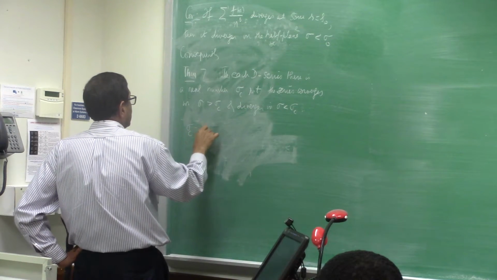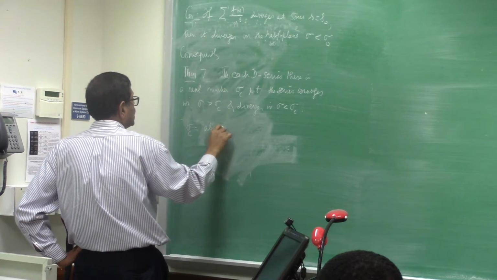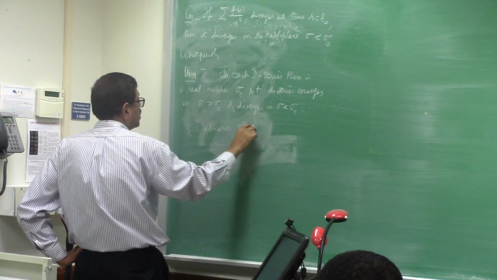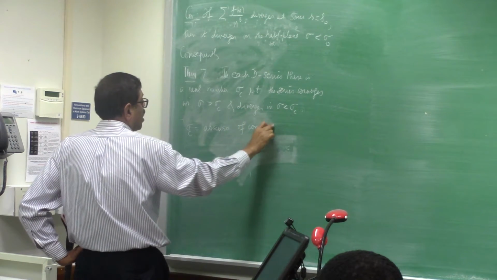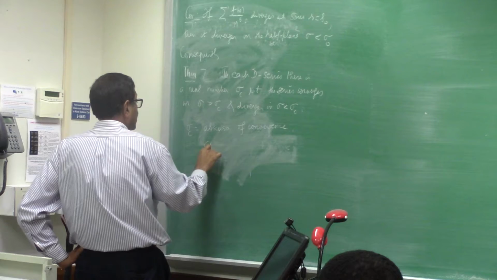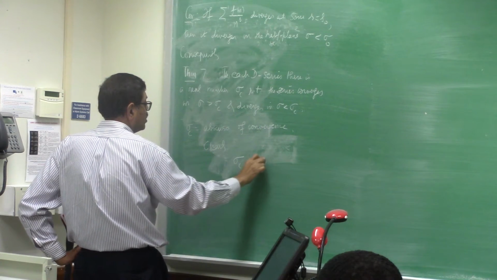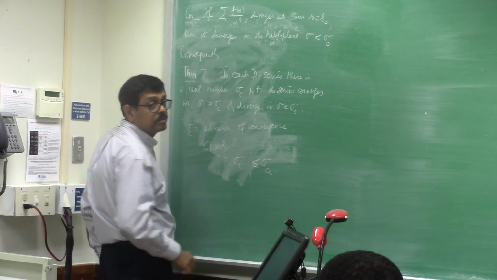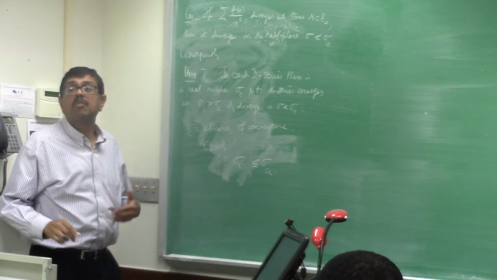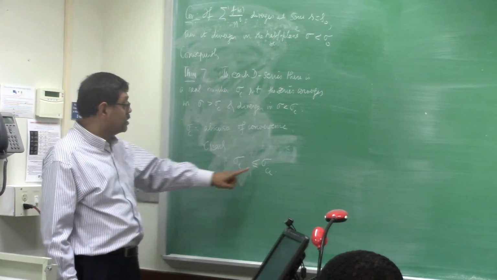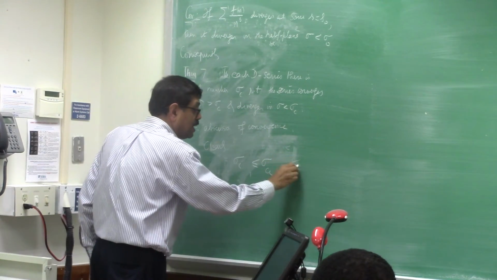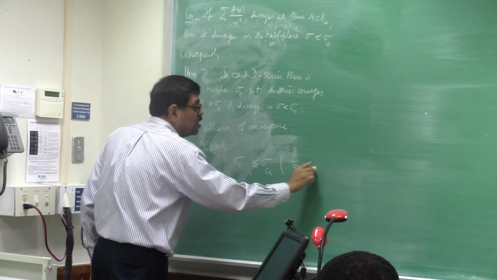Sigma c is called the abscissa of convergence. Clearly, sigma c is less than or equal to sigma a. But we will show that sigma a is less than or equal to sigma c plus 1, right?